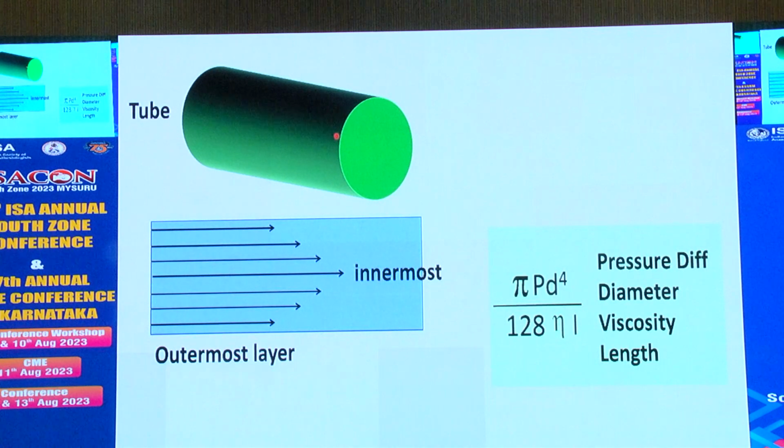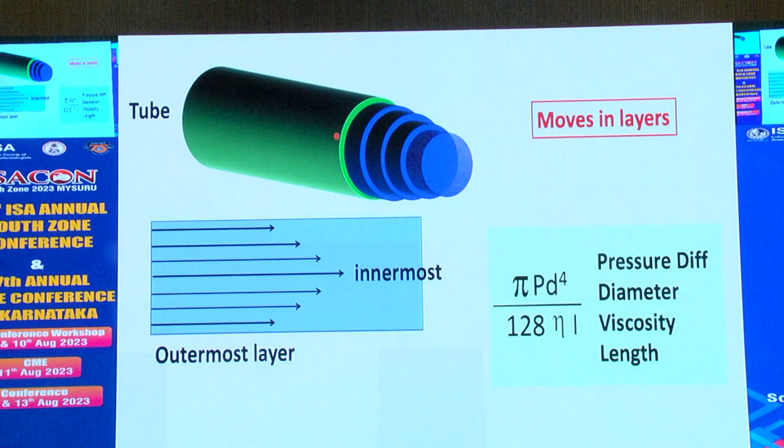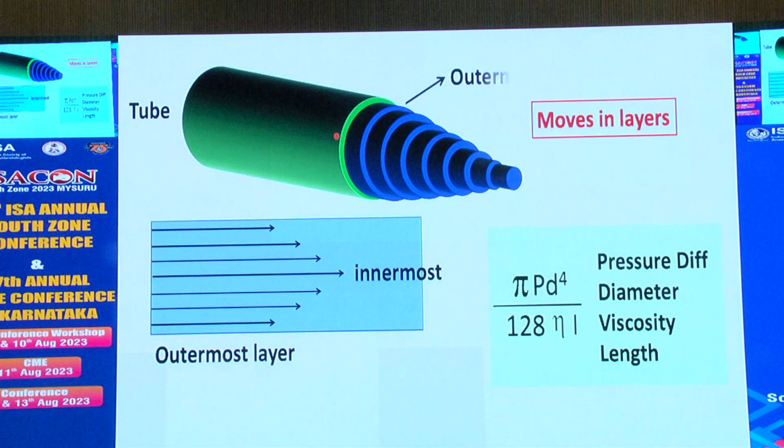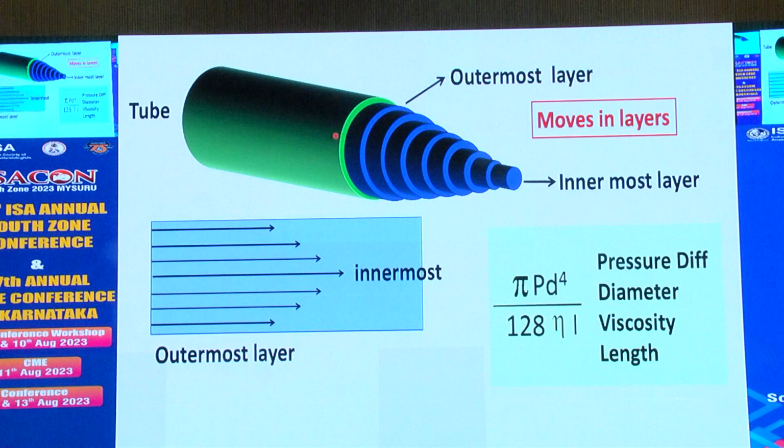The outermost layer moves slowly and the innermost layer moves faster. Several contributing factors are there, but I will not go into detail because it will be dealt with in the next lecture. Laminar flow is based on pressure difference, diameter, viscosity and length.